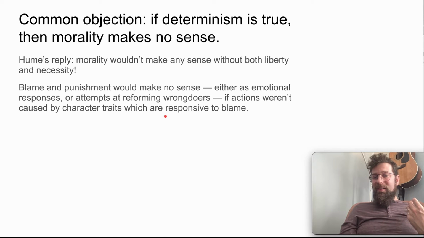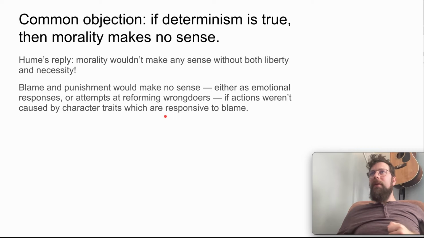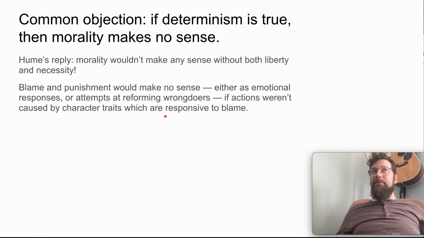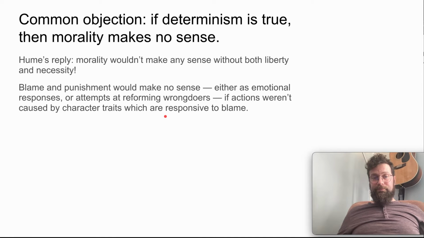So, on Hume's theory, what are we doing when we do morality? Well, we're praising and blaming people, right? And what we're doing when we praise and blame people is we consider a person and their character.